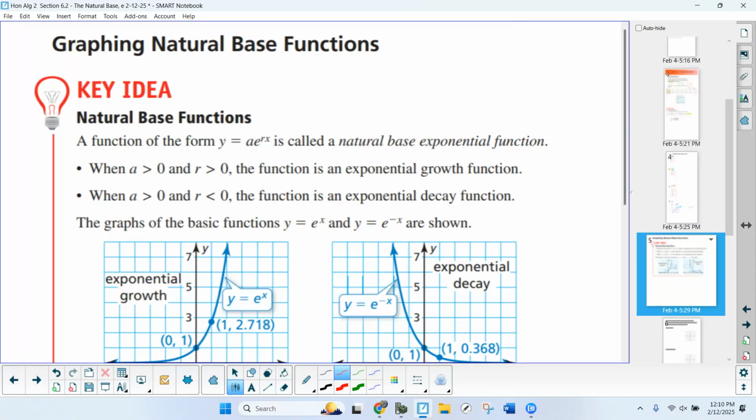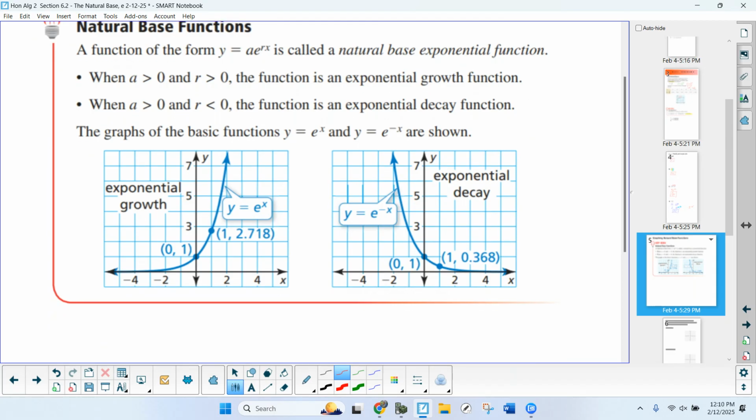When a is positive and r is less than 0, when your exponent's negative, it's a decay. So notice here, this represents a growth because my exponent is positive. This one represents a decay because my exponent is negative. All right?